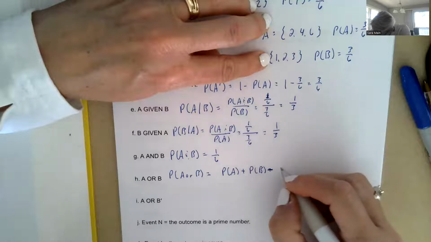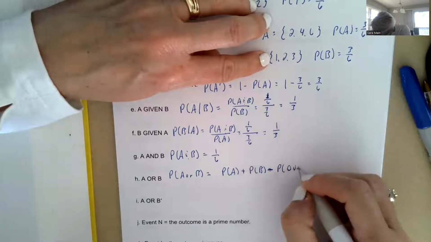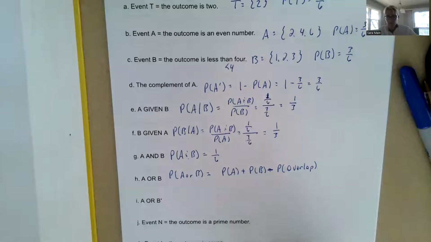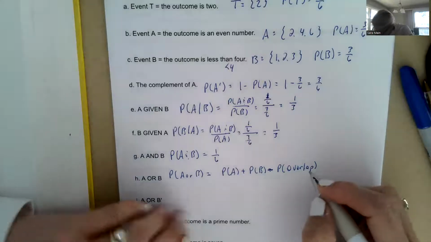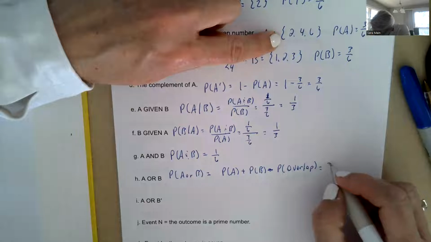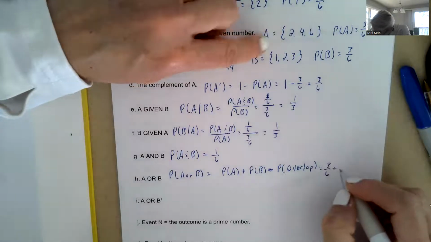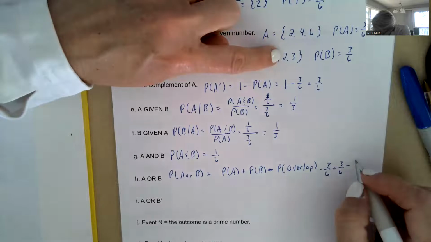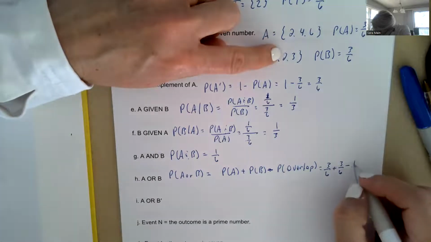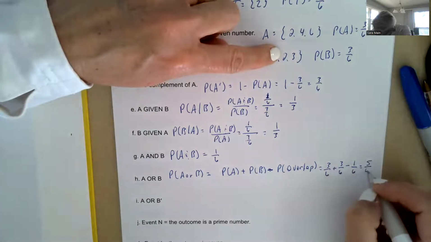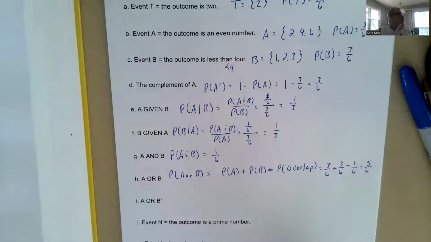But we have to subtract away the overlap, because if we just counted them, we would count some twice. So the probability of A is 3/6 plus the probability of B is 3/6, but we have to subtract the fact that 2 occurs in both, so 1/6. So 5/6 of the time, it's in one or the other.